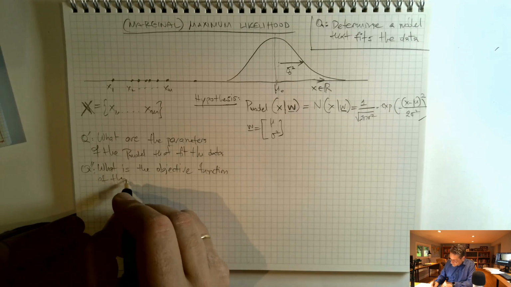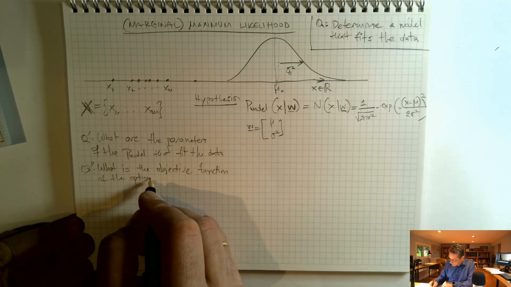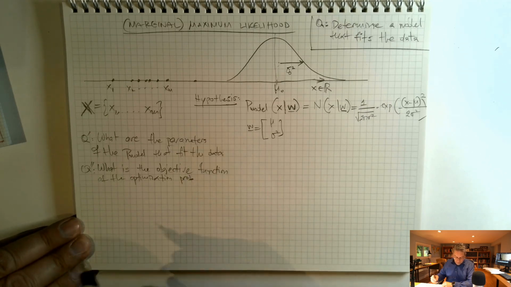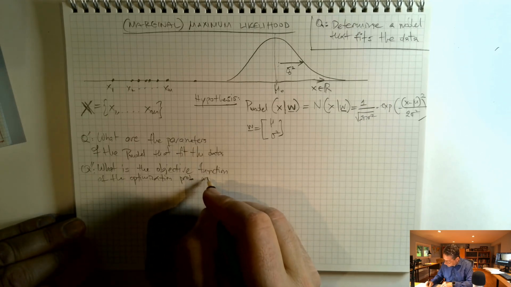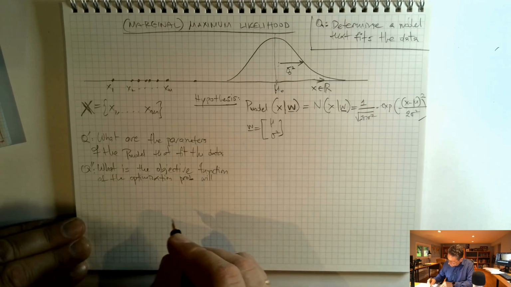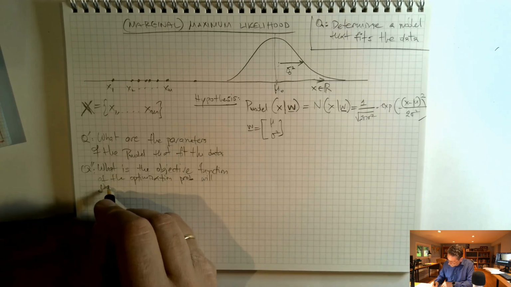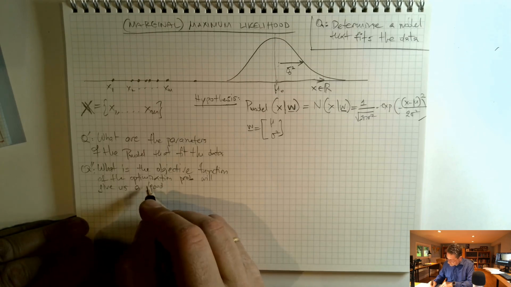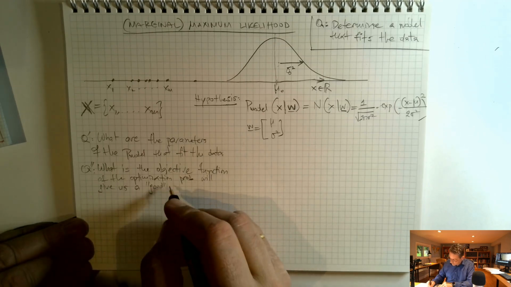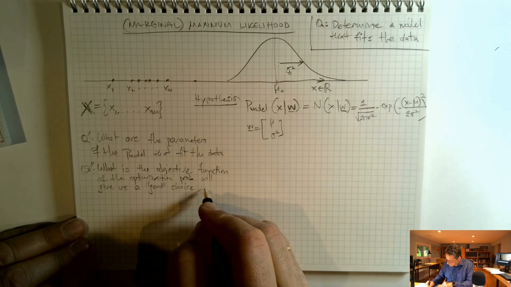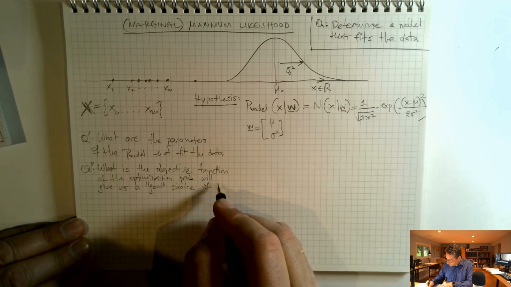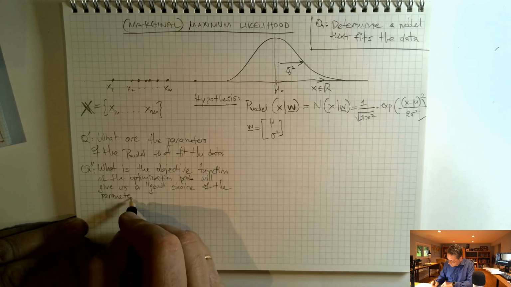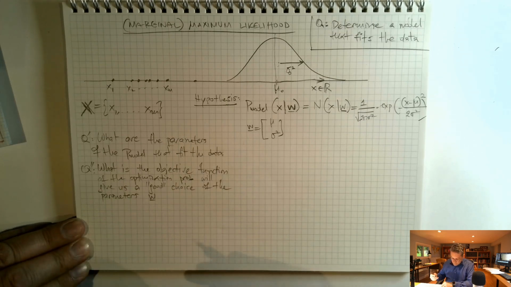What objective function will give us a good, in quotes, choice of the parameters w?